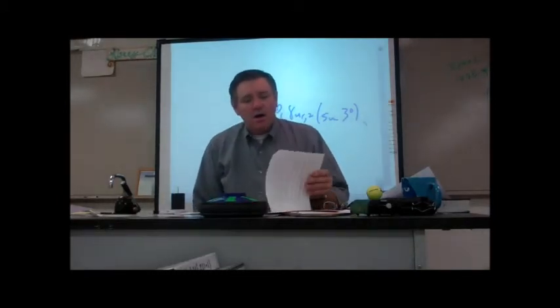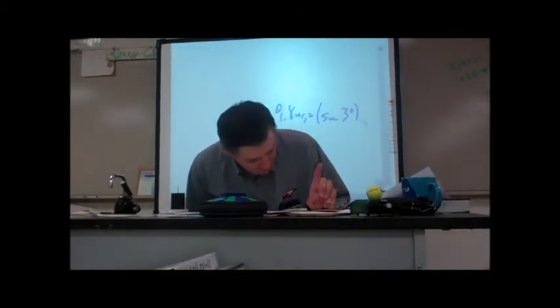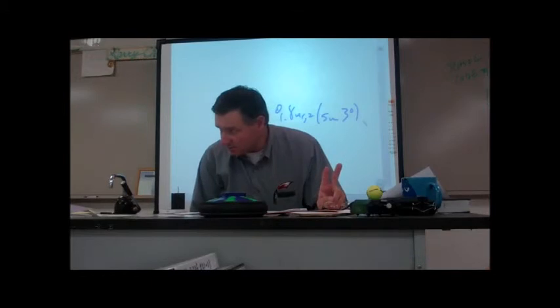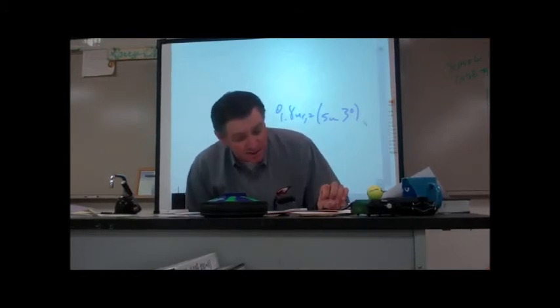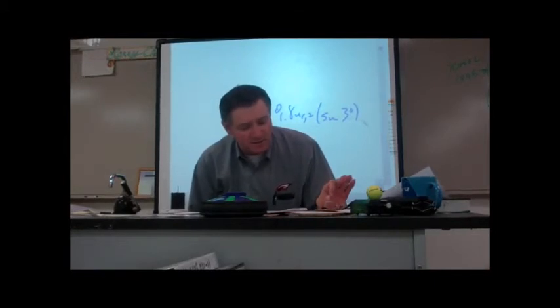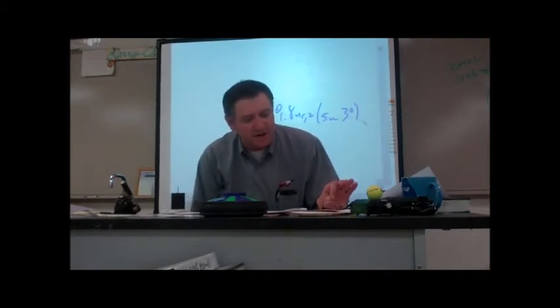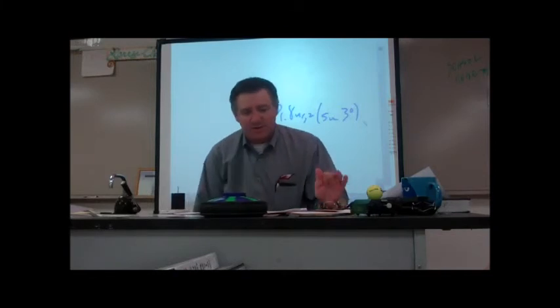Now, on the top of page 3, you have question number 22. Question number 22 says calculate the experimental error in the acceleration of the car by using your answer to number 19 as the experimental value and your answer to 21 as the theoretical.